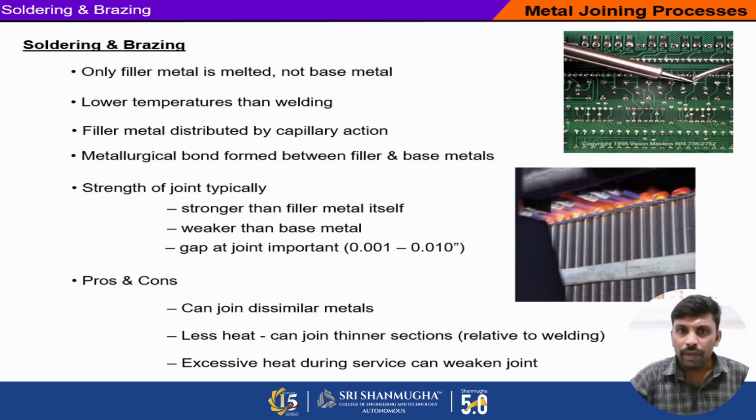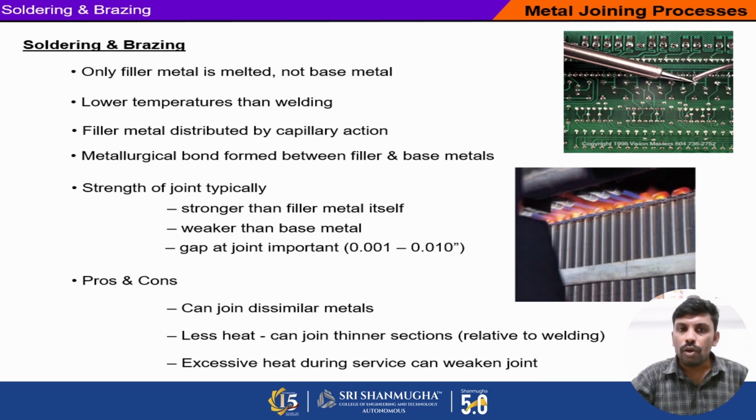The filler metal is distributed by capillary action. A metallurgical bond is formed between the filler and base metals. The strength of the joint is stronger than the filler metal itself and weaker than the base metal.